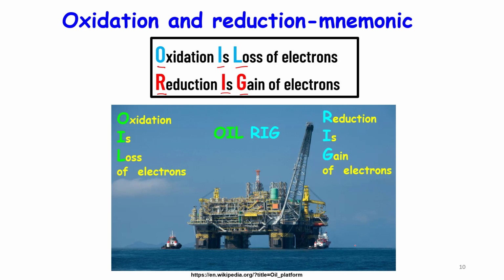So just to take stock, the definition based on electrons is probably the most universally applied, in the sense that you can apply it to all reactions, because independent of whether there is oxygen involved or hydrogen involved, whenever oxidation reductions are involved, there is going to be loss of electrons or gain of electrons. So that's why this is a much better definition. Definition number 3 is what people use all the time.